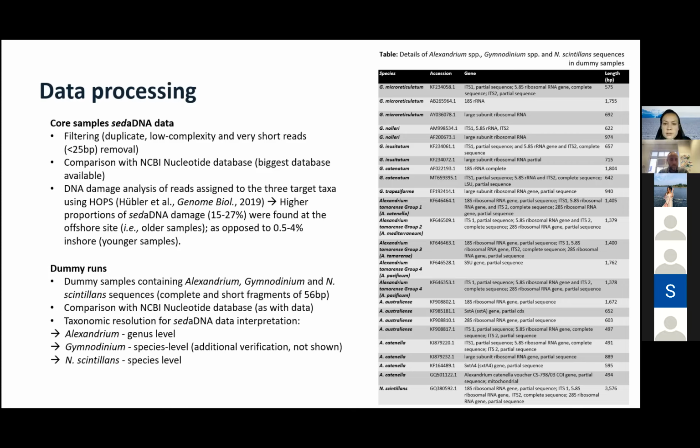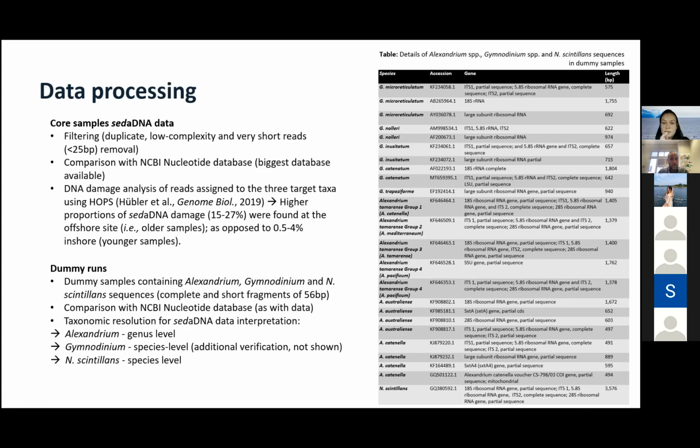So we took sequences of the 3 dinoflagellates from NCBI and their genotypes, and then used the whole sequence, but also the sequence chopped up in 56 base pair fragments, and then ran everything through our bioinformatic pipeline to be able to assess how good the assignments are.